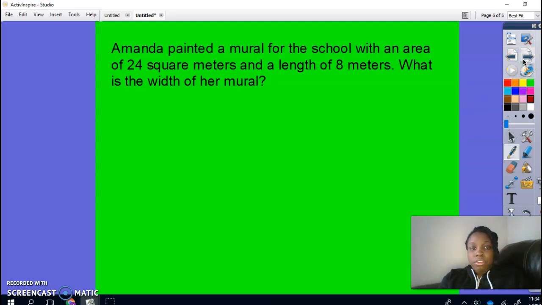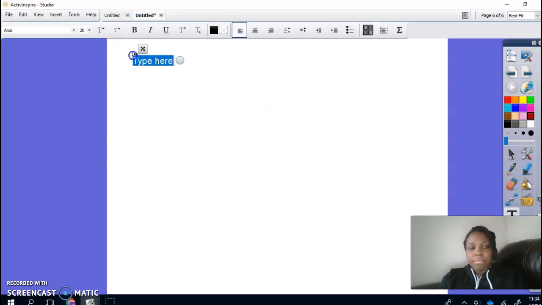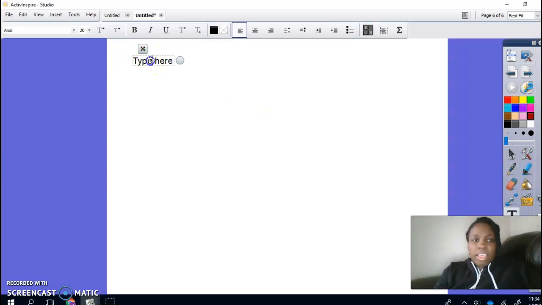All right. So we're going to do another problem like that, but I want to type it up. So if I say that Jacoby has a rug and the area is 30 centimeters.